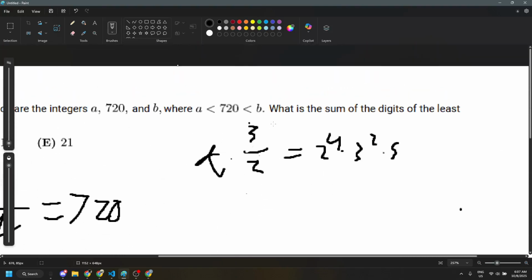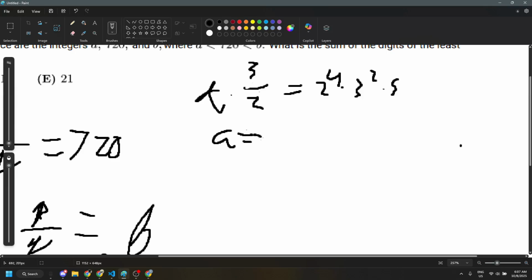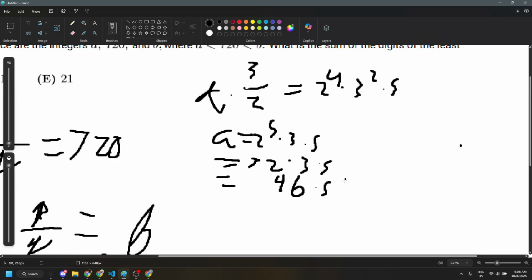Yeah, let's try that. So A times 3 over 2, so multiply by 2 divided by 3. A would be equal to 2 to the 5 times 3 times 5, which is 32 times 3 times 5, which is 96 times 5, which is 500 minus 20, which would be 480.